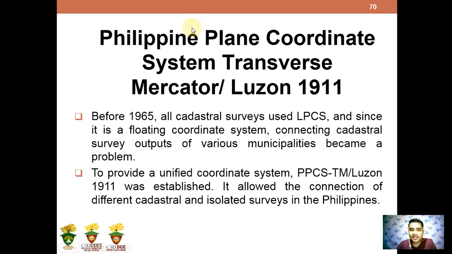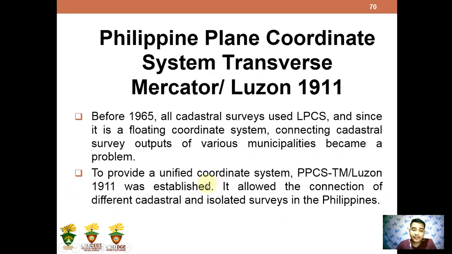Every survey was a local type of point, 20,000 and 20,000. So it became a problem how to consolidate all the cadastral data and survey outputs, especially at the municipality-wide level.